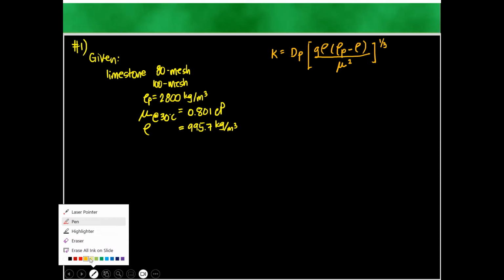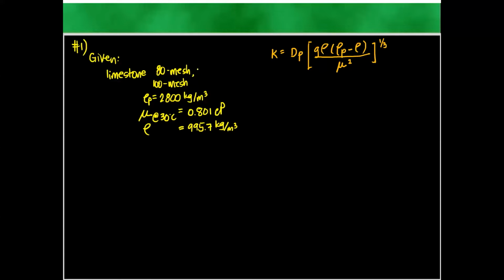So from the mesh, for 80 mesh, the diameter of the particle should be obtained. When you look at your handbook, this one is 0.175 mm. This is 0.147 mm.